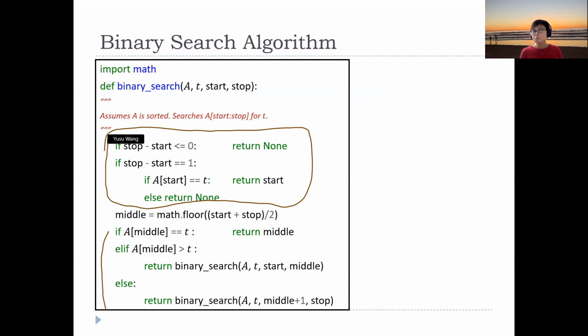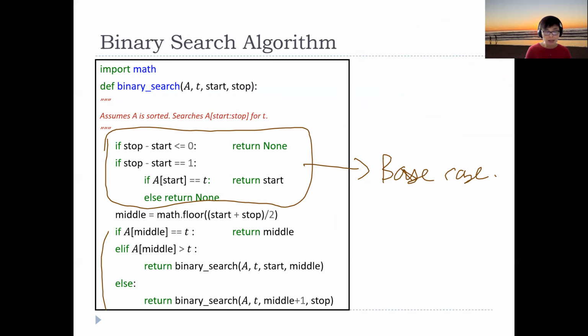In this case, we say that, okay, we stop here. We're going to solve the problem either way. Okay, so these are the base cases for the binary search. And what we need to do is convince ourselves that in the base case, we solve it correctly.